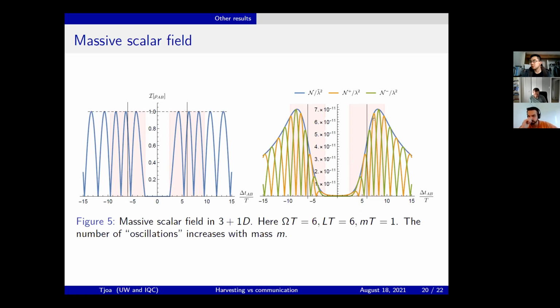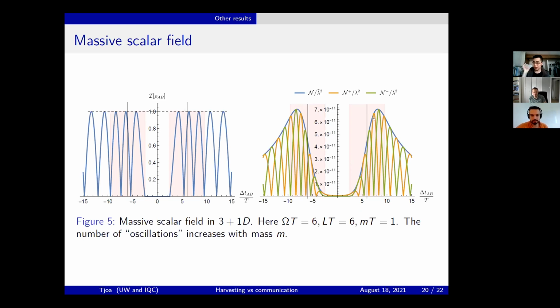I guess it's just not 100% clear to me what the threshold on the mass is, or how massive or how light the mass should be.